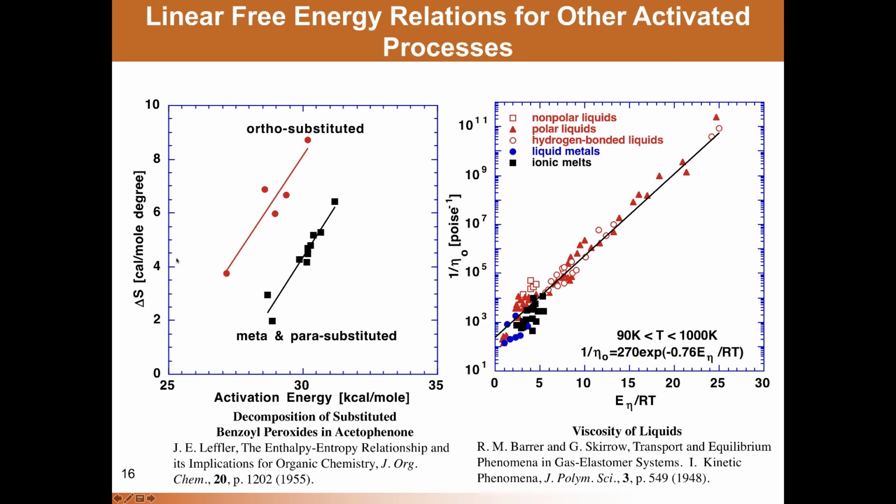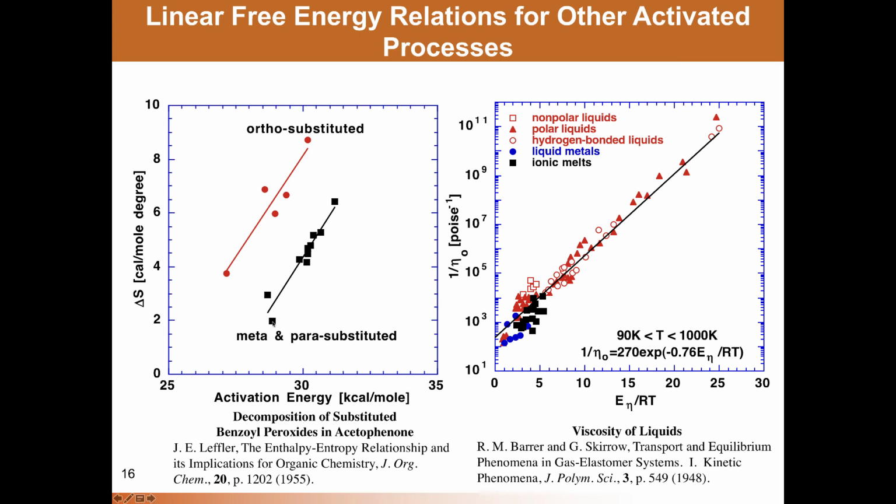You'll remember just a few slides back that the logarithm of that front factor in the activated state theory for diffusion, reaction kinetics, or viscous flow, the logarithm of that front factor is proportional to the entropy change associated with that, in this case, reaction.